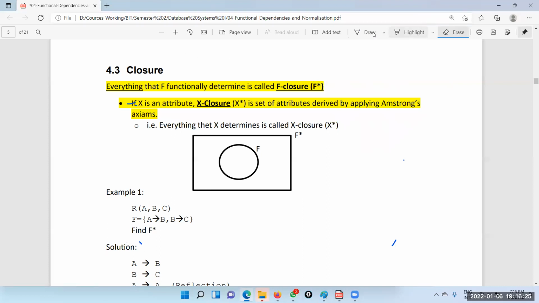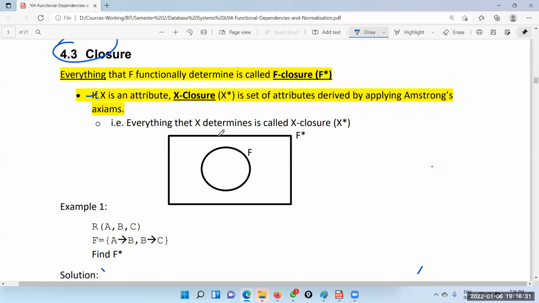What is meant by closure? Closure is everything that F functionally determines. Everything that F functionally determines is called F closure, and we give this symbol, F closure. If it is X, we can say X closure, whatever. It doesn't matter.